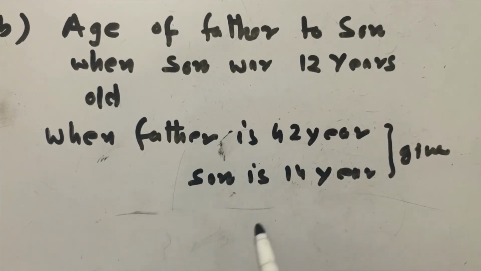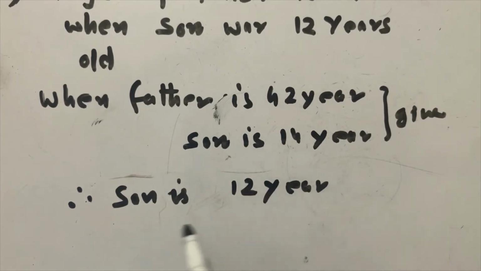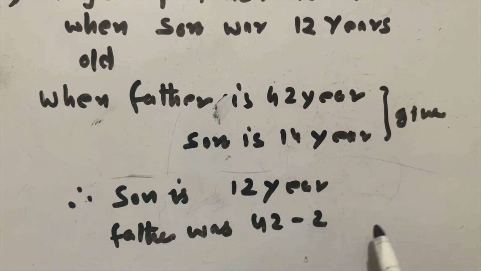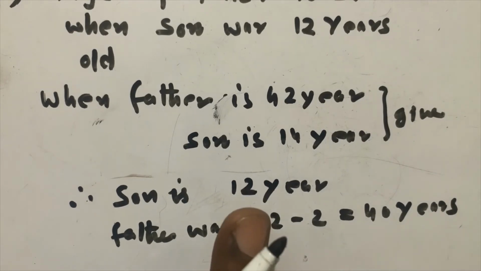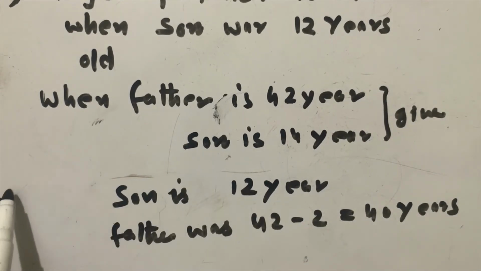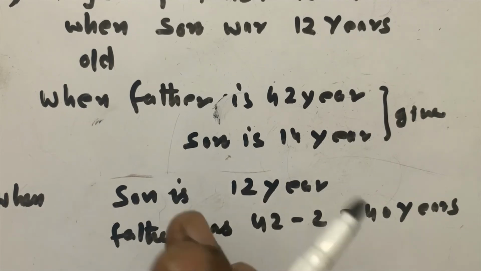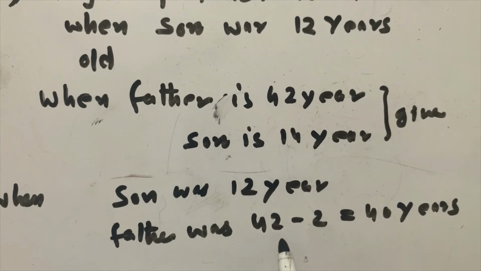So when son was 12 years, father was 42 minus 2, which means 40 years.